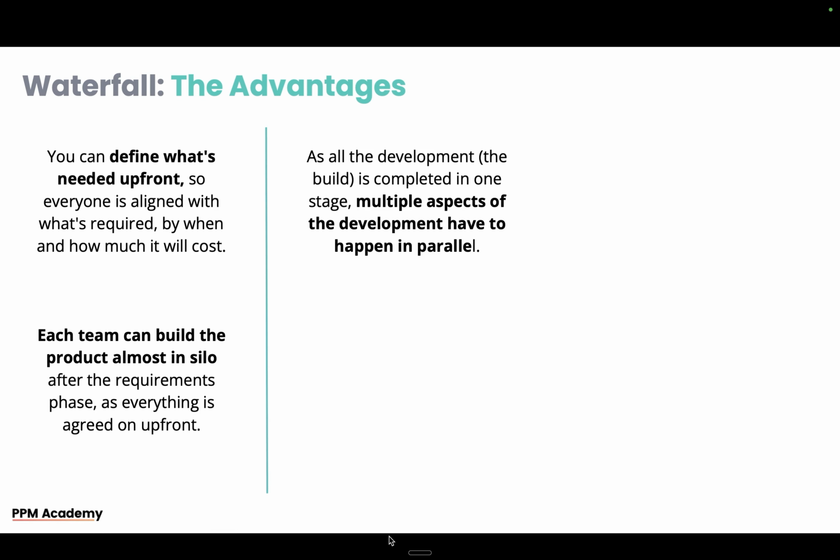And as all the development, so the build, those engineers, is completed in one stage, within that development team, multiple aspects of development have to happen in parallel. So you've got maybe the back-end engineers, front-end engineers, API developers, anything that's needed, all working together.